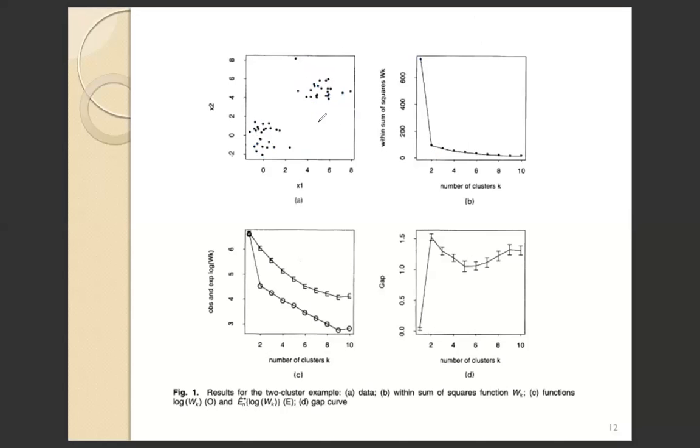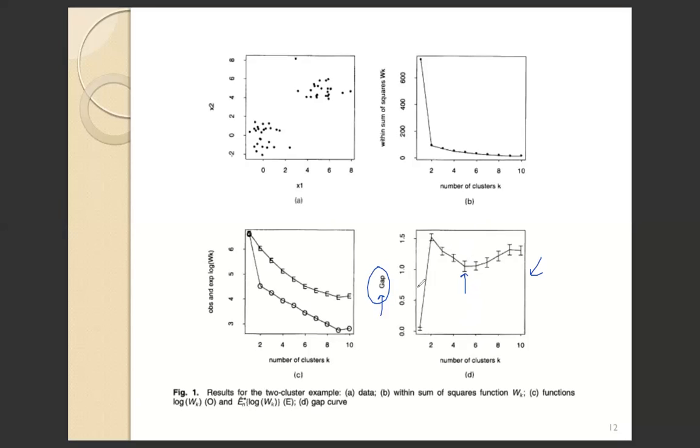So it will produce some diagnostics like this. This is observed versus expected, and we look at this plot here. The number of clusters, and this is the gap statistic. The way to look at it is like this. You see there's an error bar here. It does a more sophisticated way to tell you the amount of variability in this gap statistic for a particular K parameter.